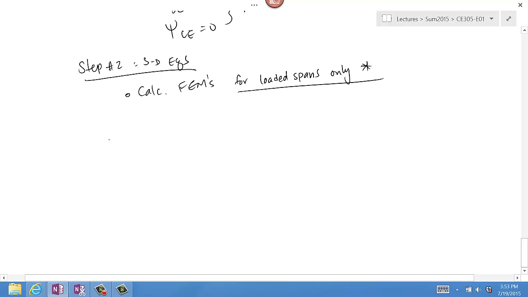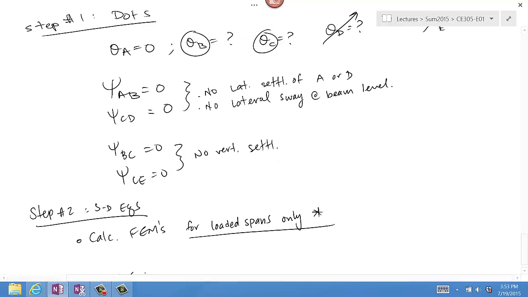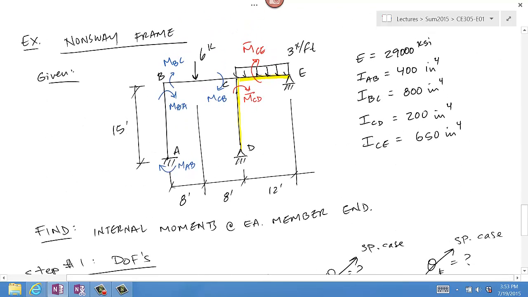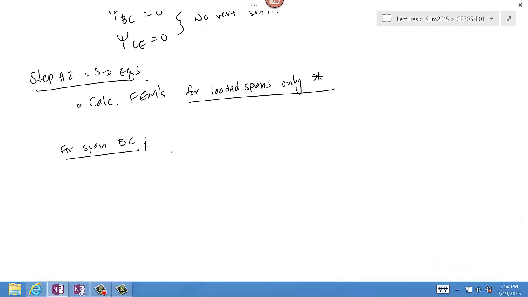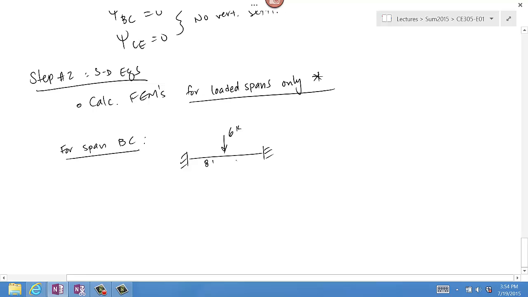So for span BC, this is the span that has the point load in the middle. We model that as a fixed beam with that point load in the middle. Please label the ends B, C, and then show me the FEMs.